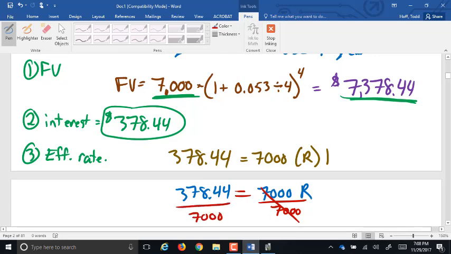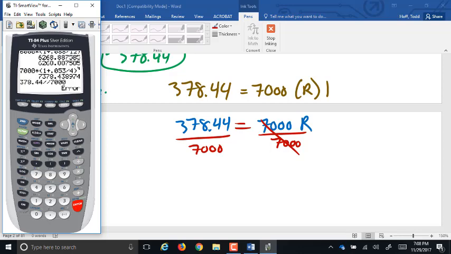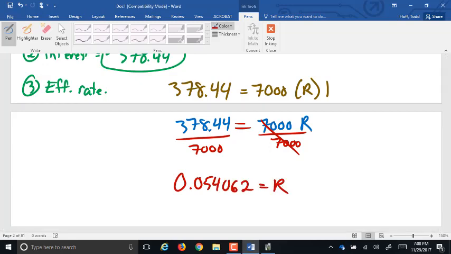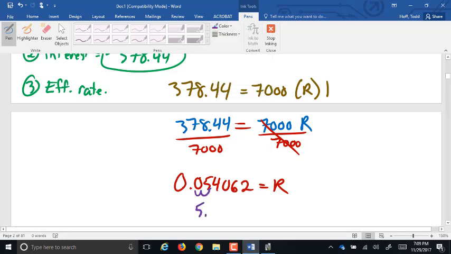So we divide by the 7,000. So 378.44 divided by 7,000. That did not work. Let's do it again. 378.44 divided by 7,000 is 0.054062. Works for me. Move that decimal point over 2 spots: 5.4062, or 5.41%.